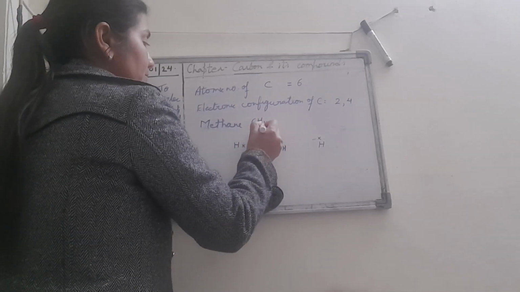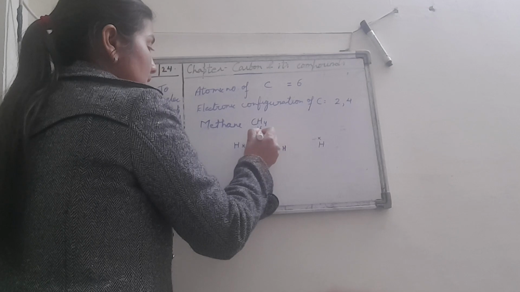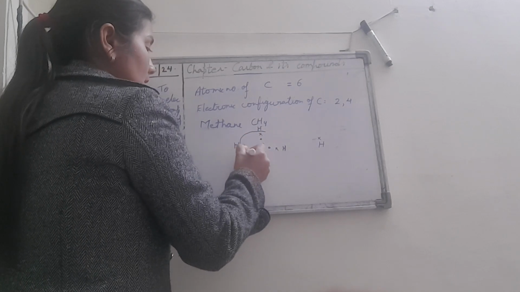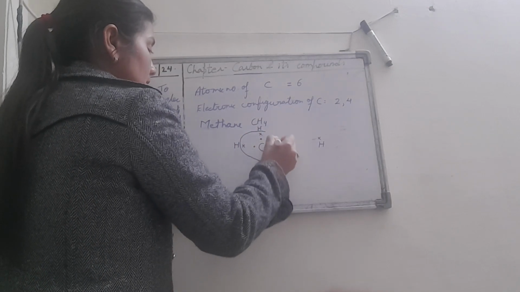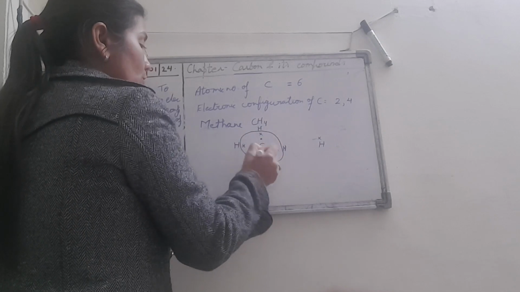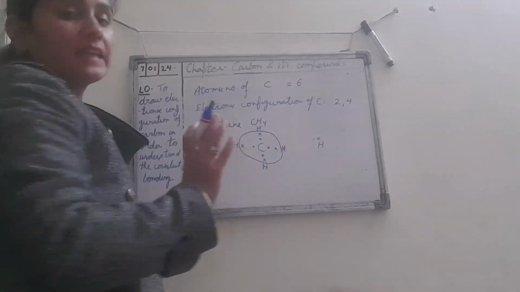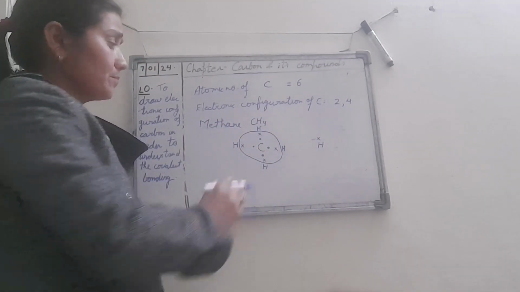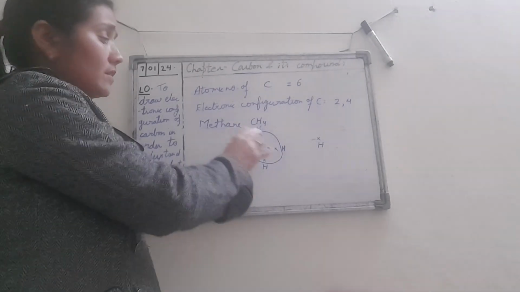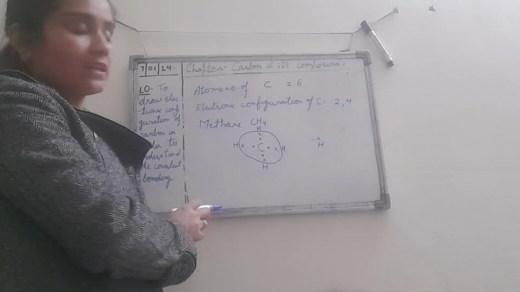So here the sharing will be done. It means like this. Now you can calculate 1, 2, 3, 4, 5, 6, 7, 8. There are 8 electrons around the carbon, that is in the L shell.